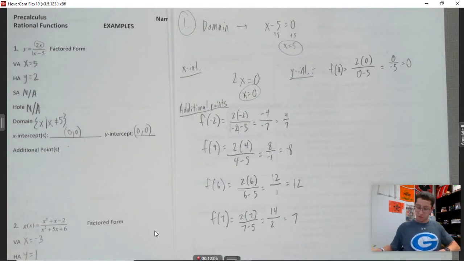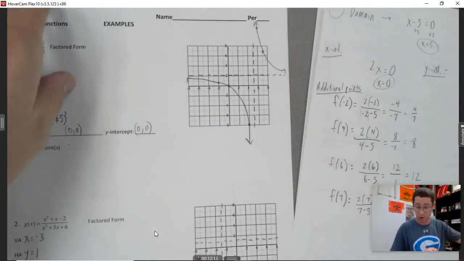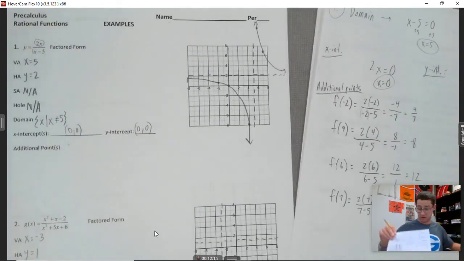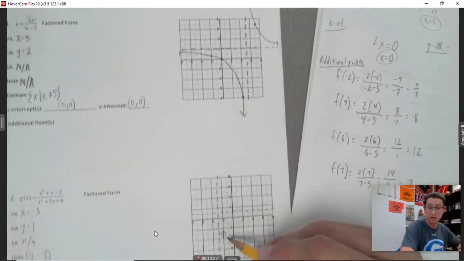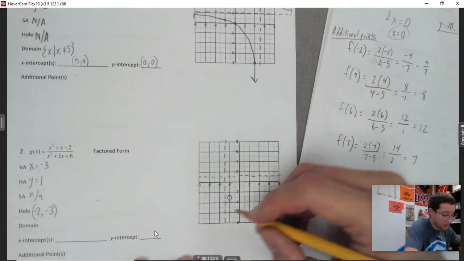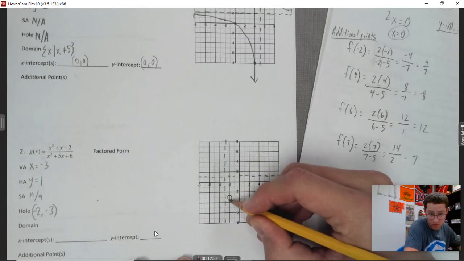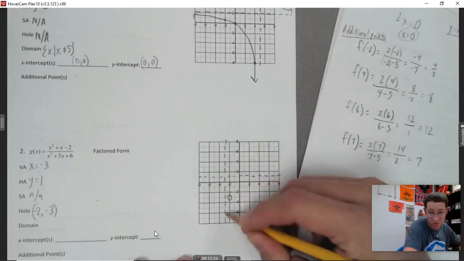Okay, so probably the ones that we should do. I'm going to skip over to maybe one point that we can make here about 2, and again, I'll post it, but I won't actually do it in the video, just to save you guys some time. Maybe the one that we should talk about is just to mention that there's a hole here. So keep that in mind as you are graphing.